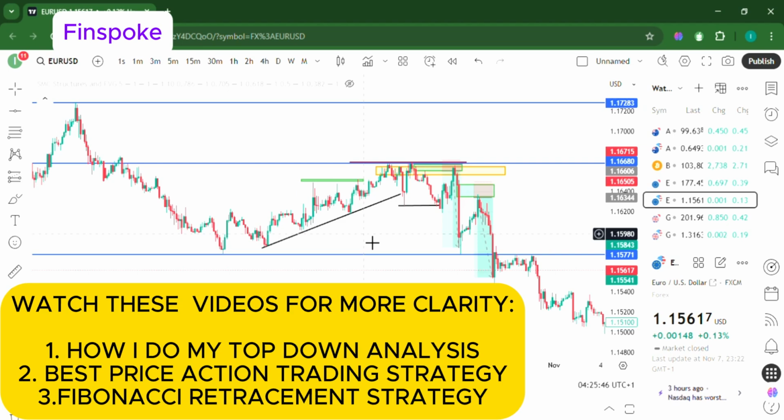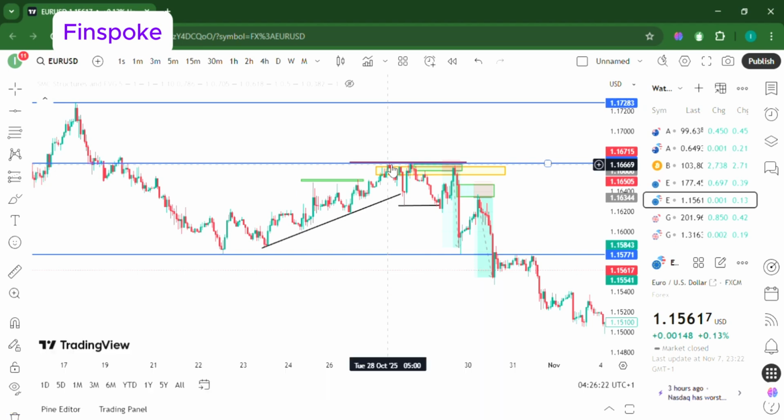The second one that will help you, because I combine the three here, is best price action trading strategy. And the third one is Fibonacci retracement strategy. I use price action here, which is what I am explaining. I use Fibonacci, which is where I was able to get this reaction as a pullback. And my normal top-down analysis.